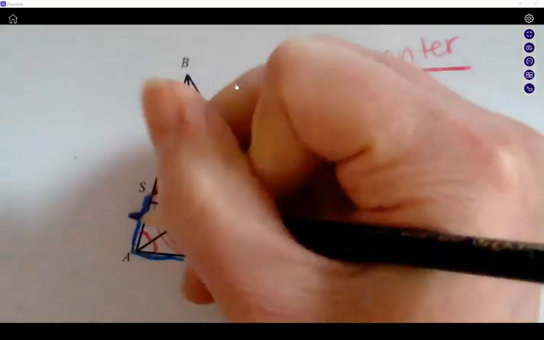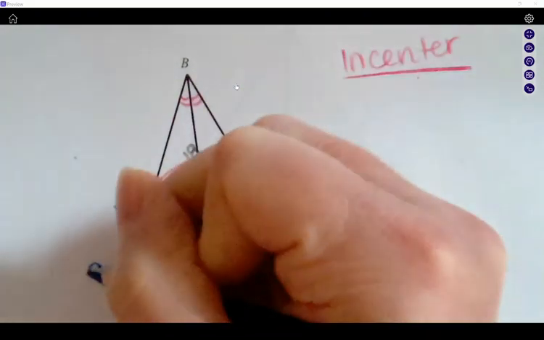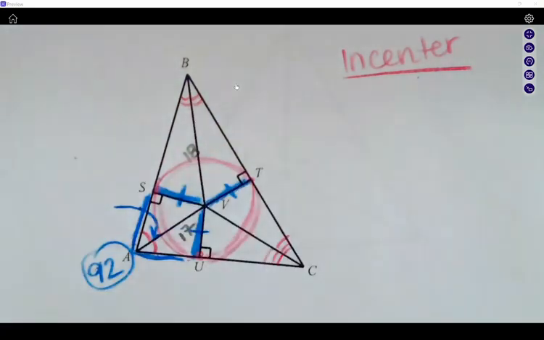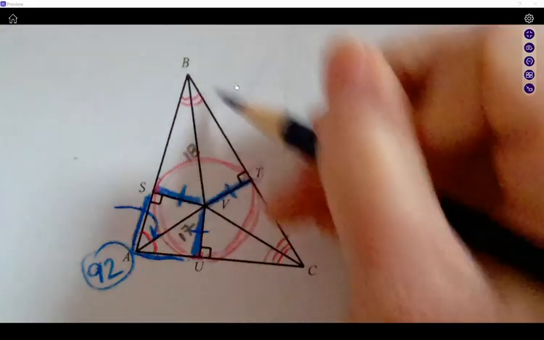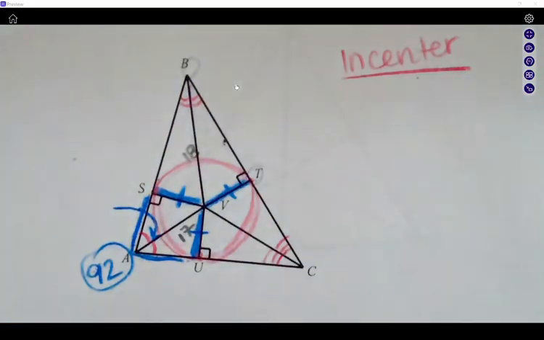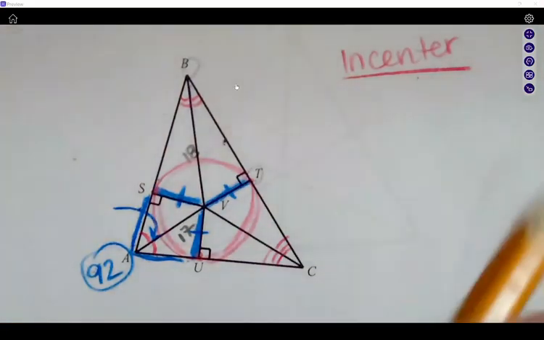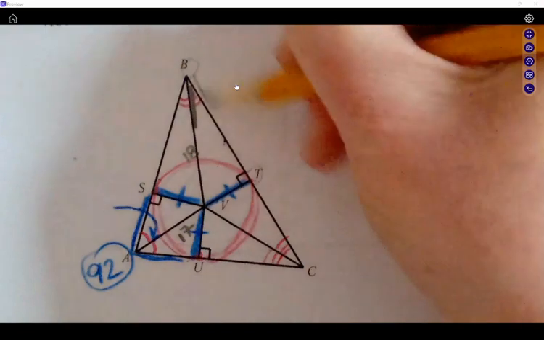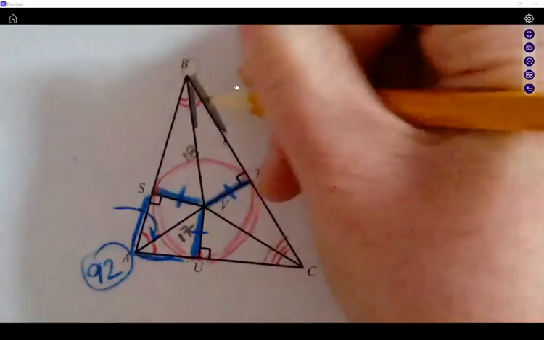I wish I didn't use blue, but I did. It's too late now. So this is 92. And then it also says that angle TBV, so angle T, here's T, here's B, here's V. So this angle here, oh wow, I'm breaking everything. I can't use different colors. But this angle here is 24.